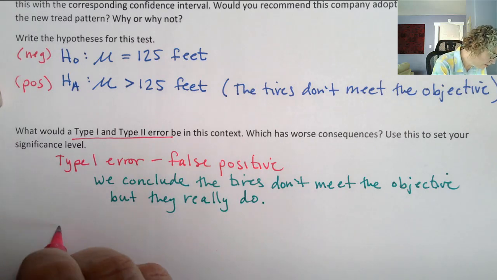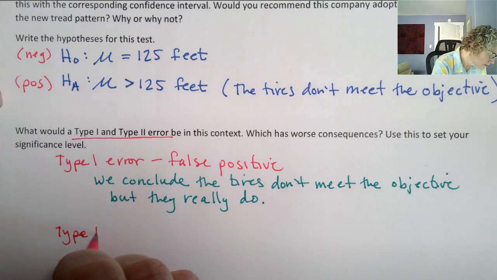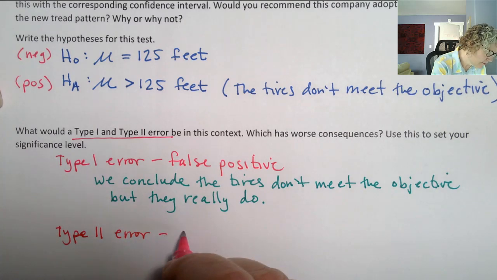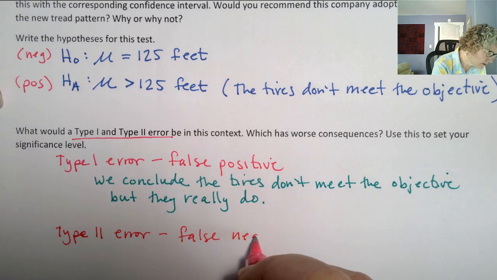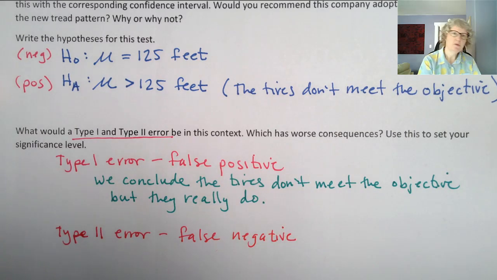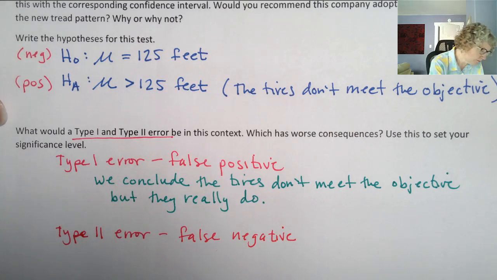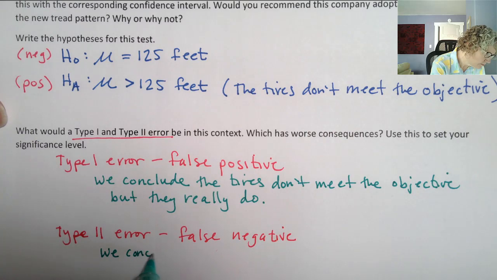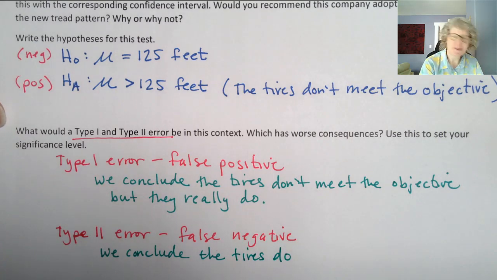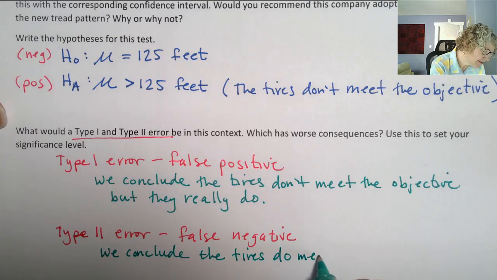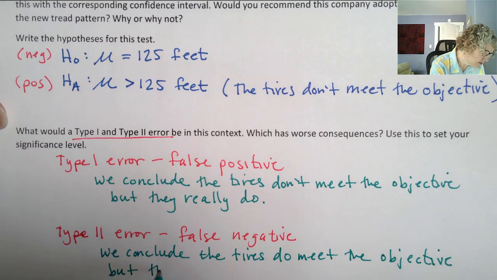Let's look at the type 2. That is the false negative. So that would be, we conclude that they do meet the objective, but they really don't. It's also just the opposite of the first one, which is kind of nice. We conclude the tires do meet the objective, but they really don't.